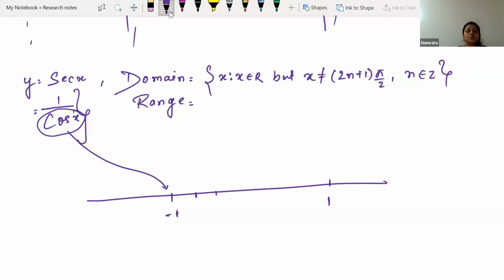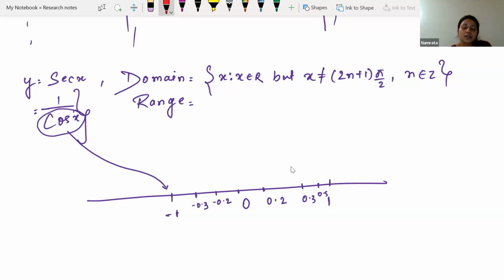-1 से +1 के बीच में चलो कुछ नंबर्स ले लेते हैं। Okay, so one number I am going to take as 0. Let's say 0.3, 0.5, -0.2, -0.3. Okay, these are a few numbers I am going to take.